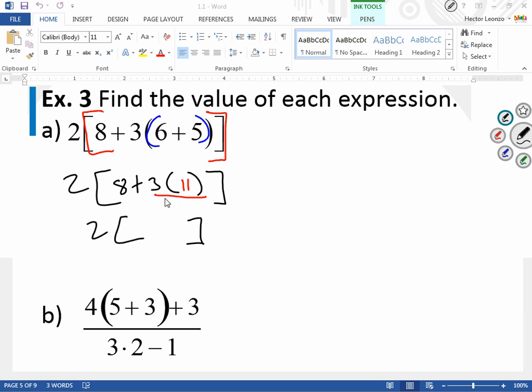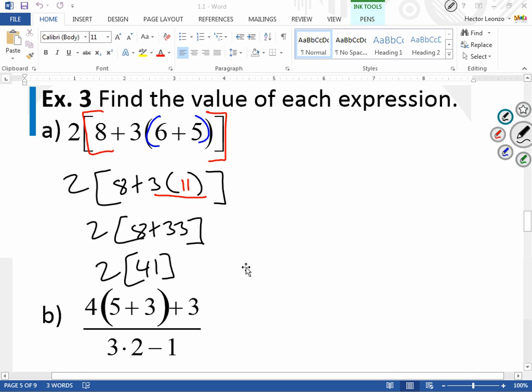For the inside of the brackets, I'm going to have 8 plus 33. And 3 times 11, that's what gave me 33. So now just the brackets, 8 plus 33, that is 41. So that's a group with the 2 on the outside. And I say when two separate numbers are put together, that means times. 2 times 41, I'm going to call that 82.